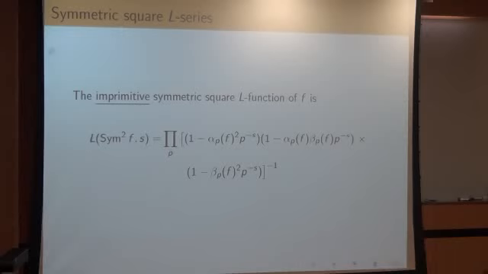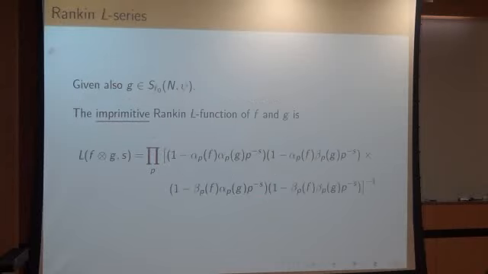Now one thing you notice is that if f is equal to g in the previous slide, then these are three of the terms that occur in this Euler product: alpha of f squared, alpha beta, and beta of f squared. There's just one extra copy of alpha beta.